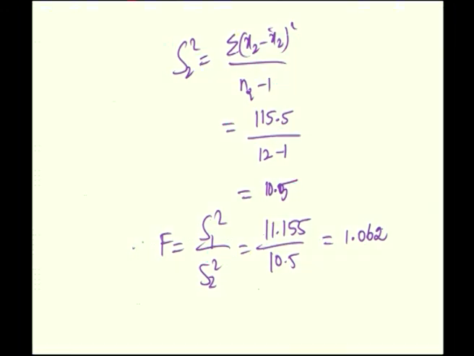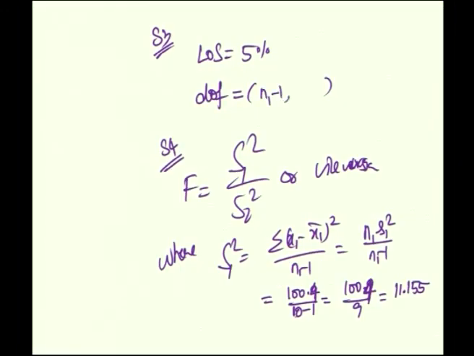Now, degrees of freedom has to be filled up, which is N1 minus 1 comma N2 minus 1, that is 9 comma 11. Now write down the calculated F. So you have come to the conclusion step.